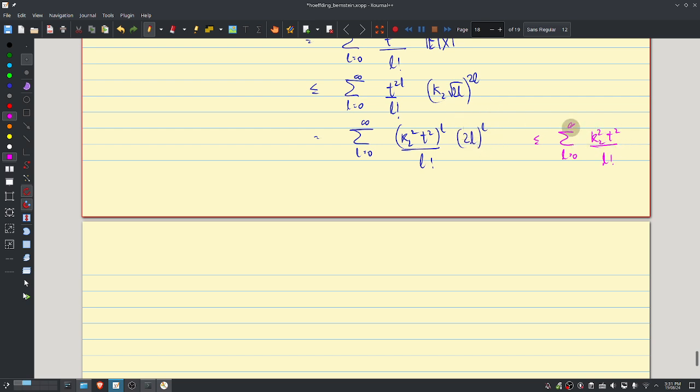So it's not exactly true. Right? Because this would be e raised to K2 square t square. Alright. So we'll aim for something a little less. We'll first try to bound the denominator. For that, again, we'll use Stirling's approximation.